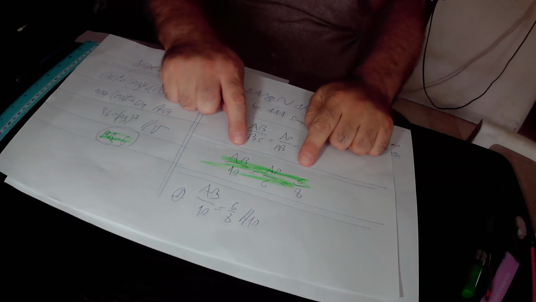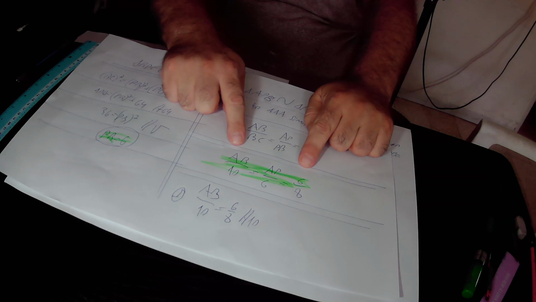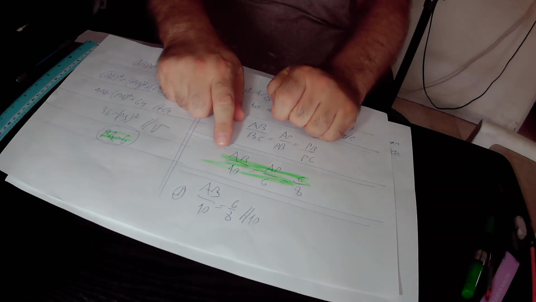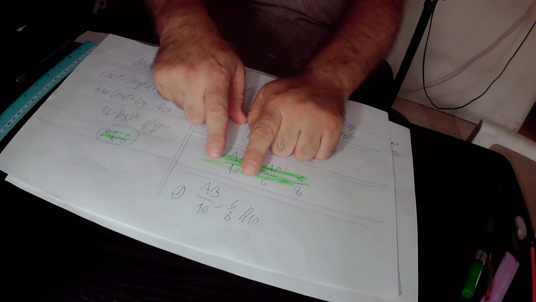Those expressions are equal to each other. Therefore, look at the first equation from those expressions. According to the first equation, AB over 10 equals 6 eighths. Here we multiply this equation 1 by 10, and finally find that AB equals 10 times 6, that is 60 over 8.